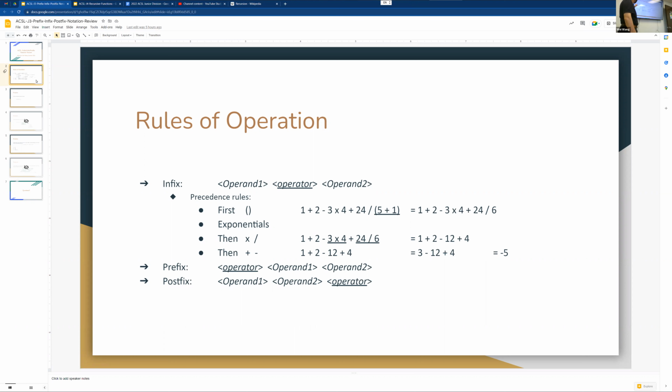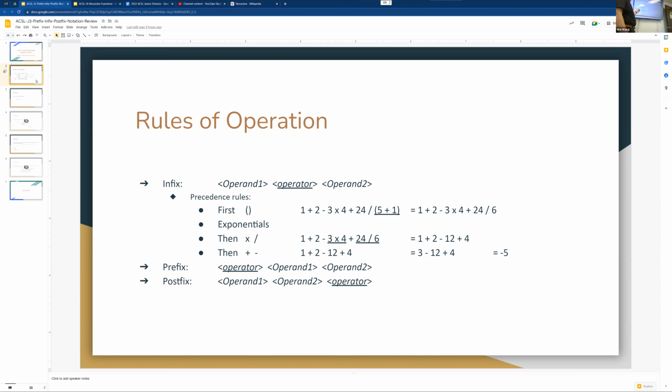But with infix, you still have these precedence rules. To evaluate an expression, first you do everything inside of parentheses. After that, you do exponentials. After that, multiplication and division, and after that, addition and subtraction, right?